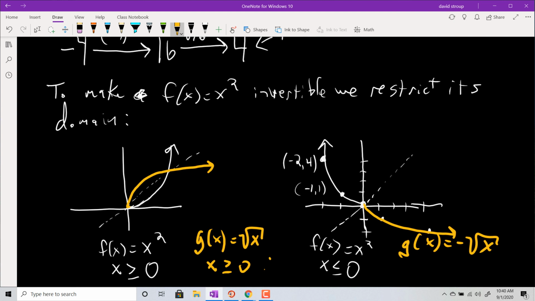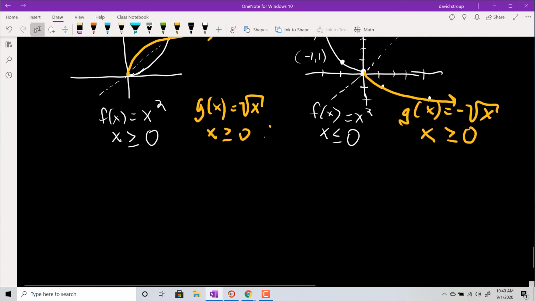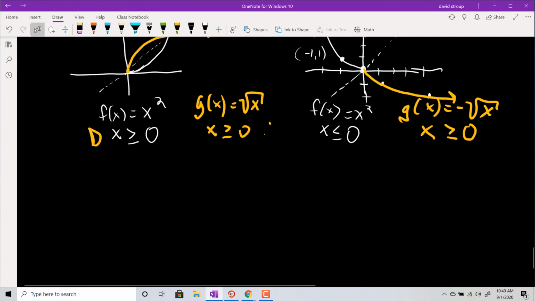Okay. So in this case, the x values again are greater than or equal to 0. So that's the domain, right? These are domains, but let's see what the ranges are. Sorry, I'm getting the colors all mixed up. The domains are these, but what are the ranges? So the range should be x greater than or equal to 0. It's just the domain of g of x.